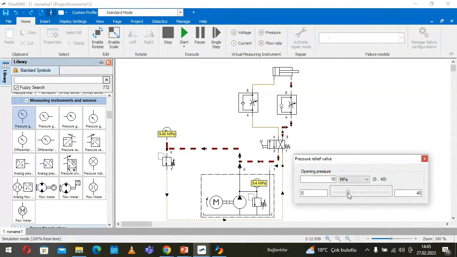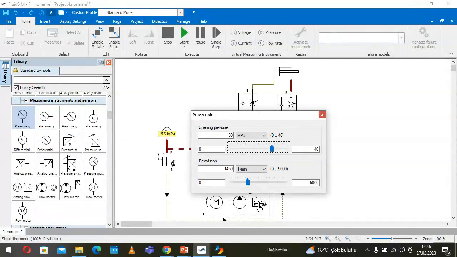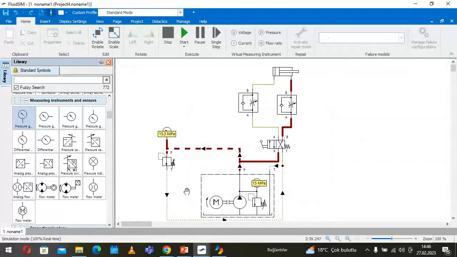So that means I can work here with a different value of the pressure, let's say 20 or 15. Let's have 15 bar here. So here I have 15 bar, but the adjusted value is 30. I don't need the 30. I don't want to produce hydraulic energy at 30 bar.